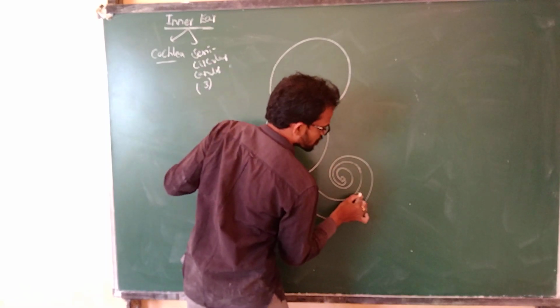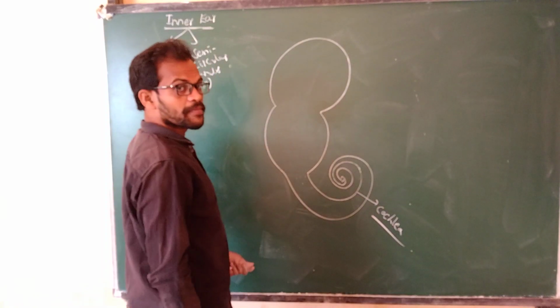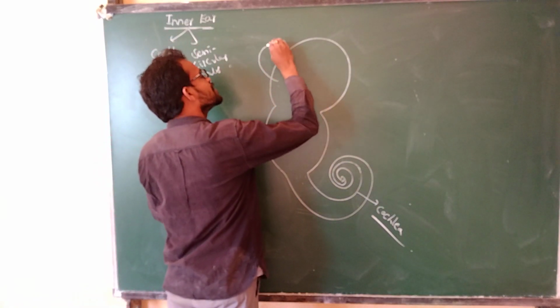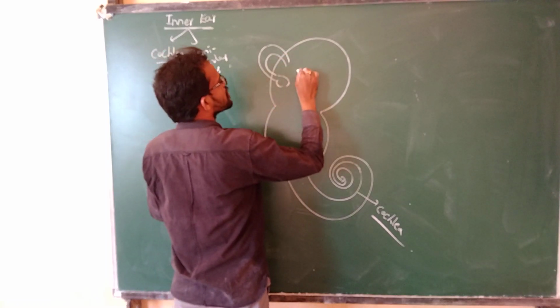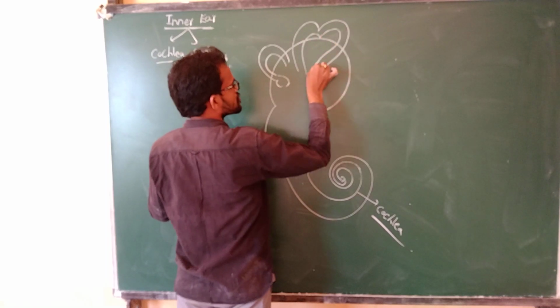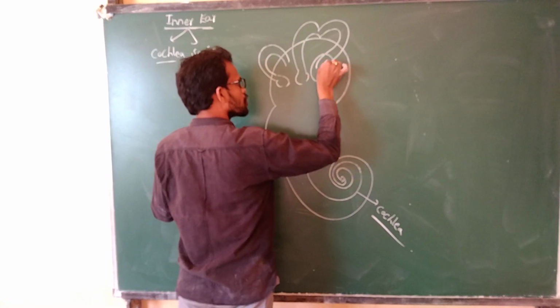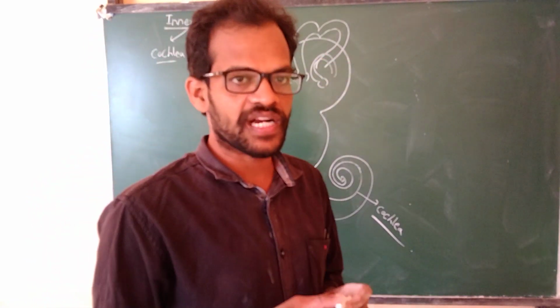This indicates the cochlear part. The semicircular canals are present, three of them.